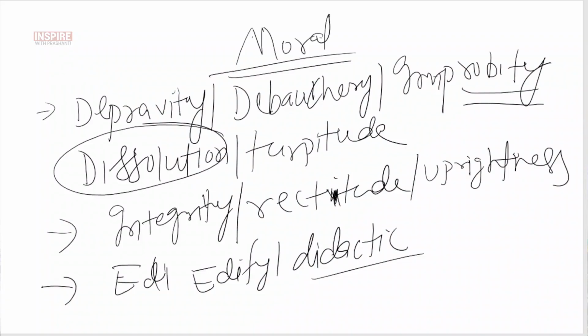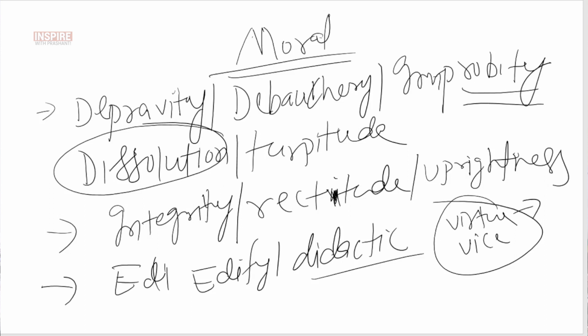So, moral instruction, and that's where you understand the words edify and didactic. And in general, whenever we get a chance to understand the goodness of character and badness of character, always remember two words: virtue and vice.